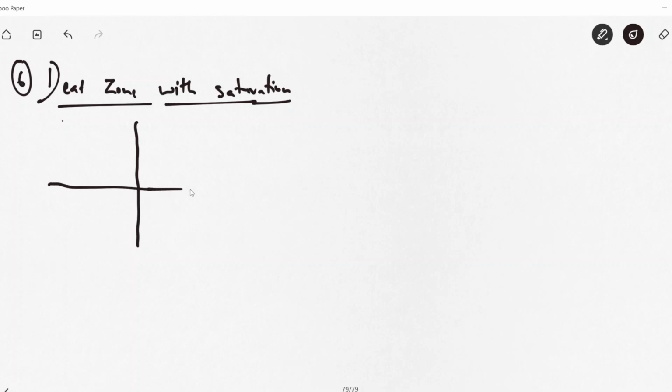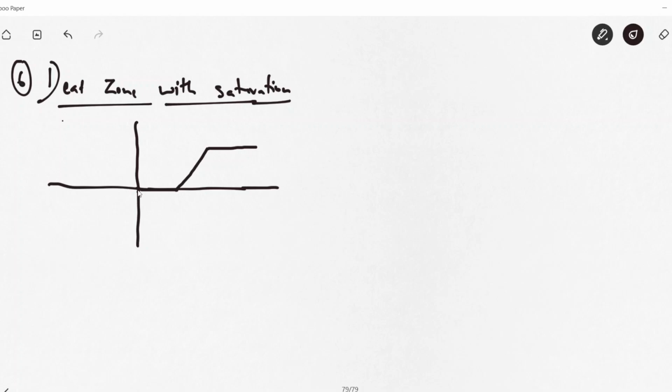This is the nonlinear behavior that you will be seeing in this case. You have a dead zone followed by a linear behavior and then saturated output.